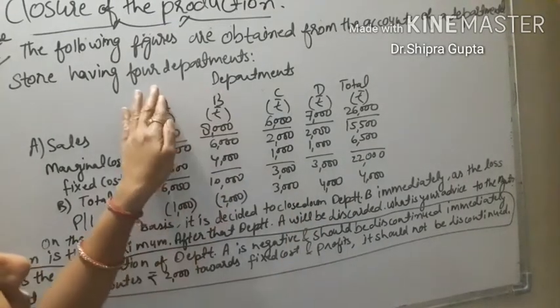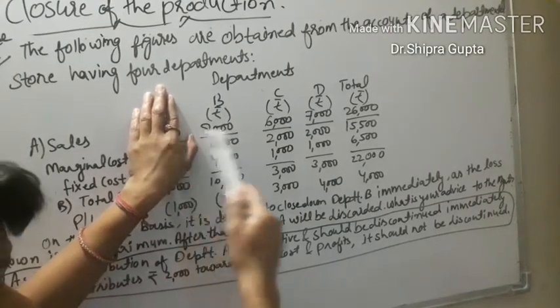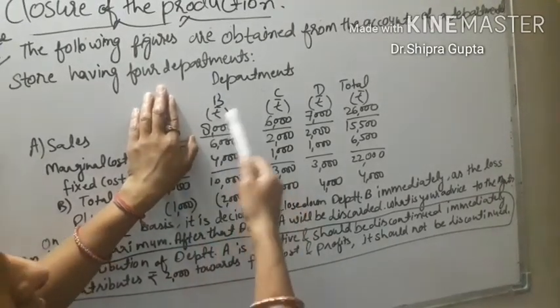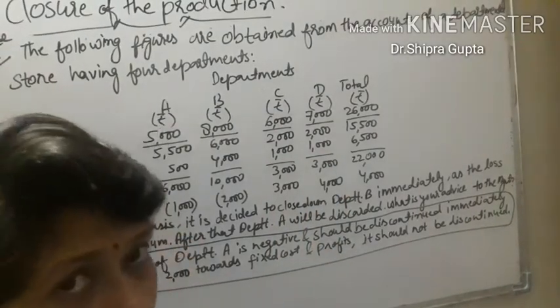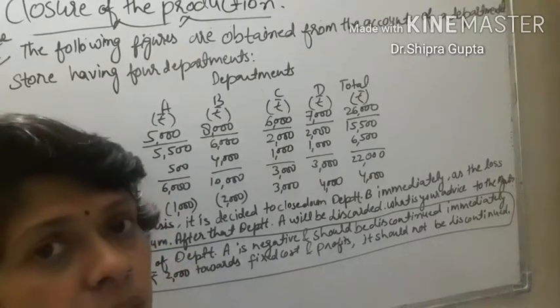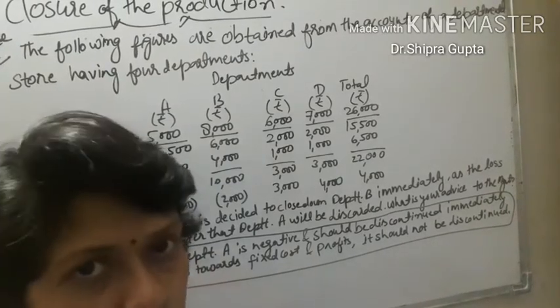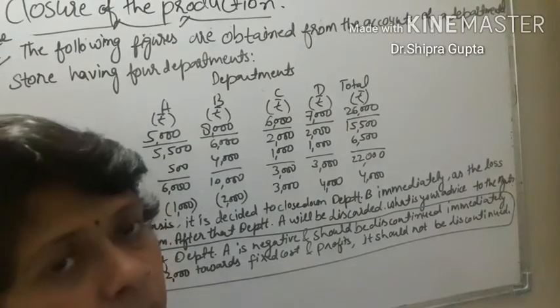When we discontinue A, we will total the contribution of B, C, D and then deduct fixed cost. Then with the help of the table, we can easily understand which proposal or which department is beneficial for us and where the profit is maximum, then that unit will be profitable for us.